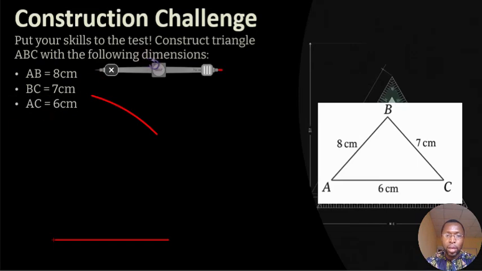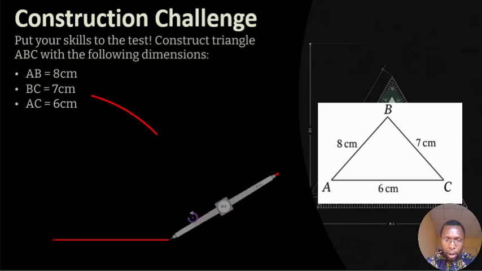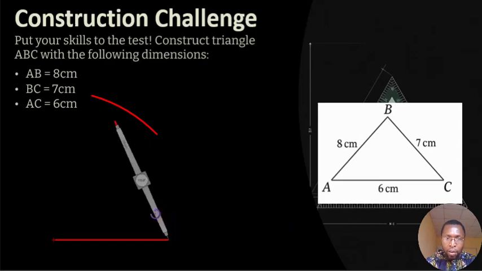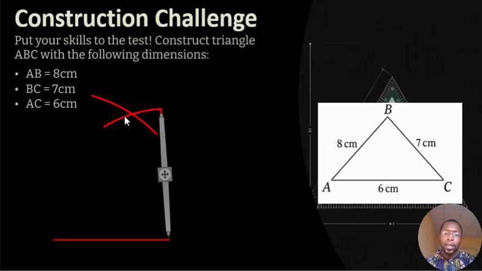Then bring in my compass. Bring down my compass to the other tip. Bring the center of my compass to the other end of the 6 centimeter base, and then I will rotate the compass to this point and make another arc, until it intersects with the first arc.